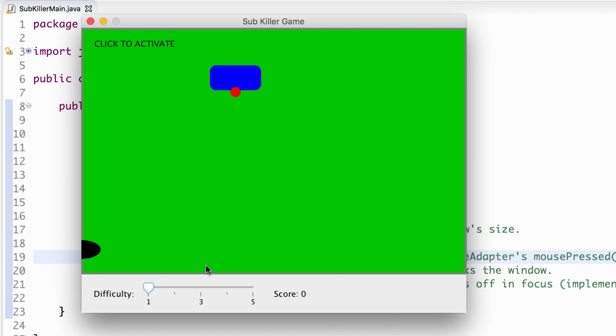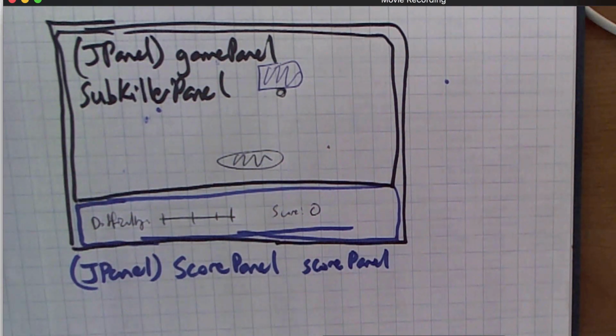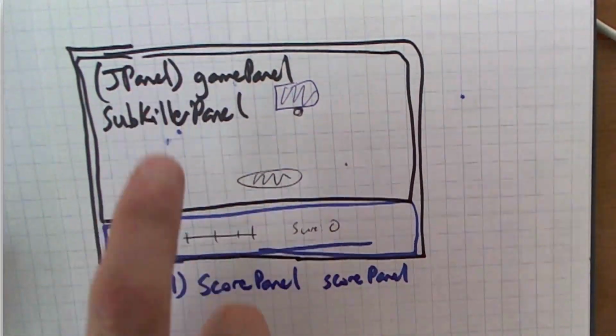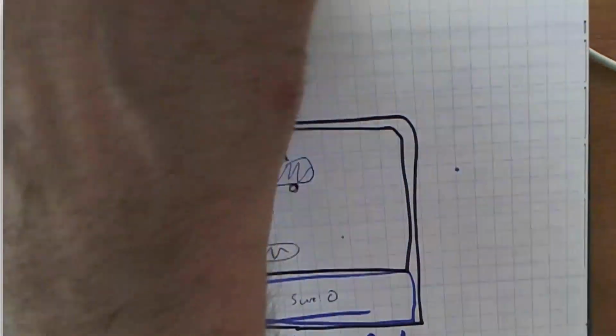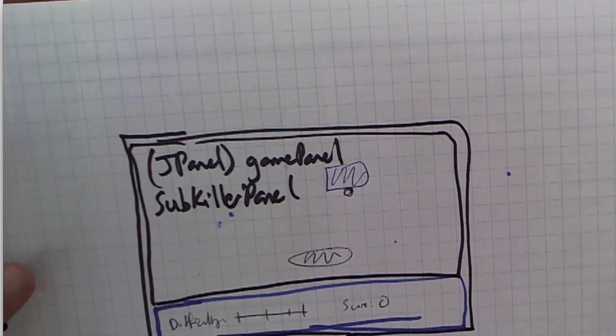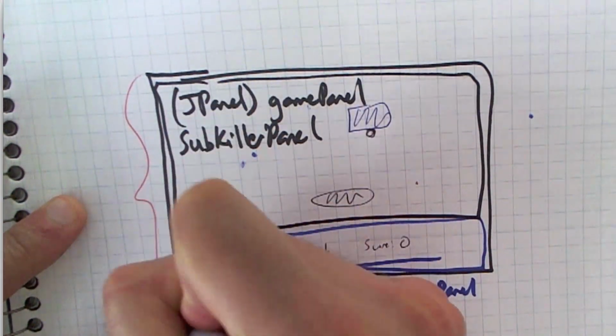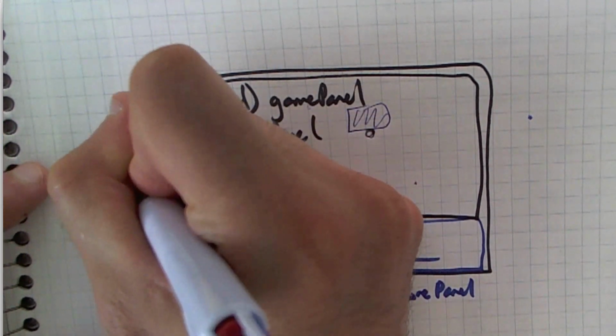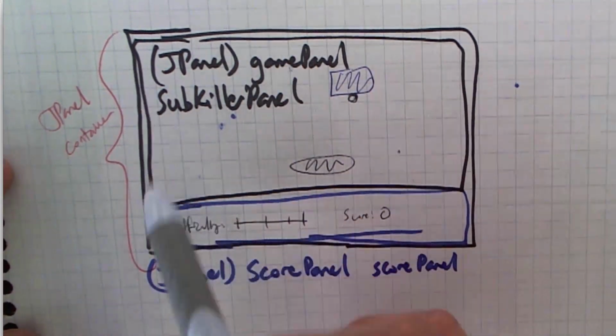So it's going to contain two things, game panel and score panel. This is how I like to think about it. The whole thing is going to be some kind of JPanel container. I don't know what the name is going to be. And then I'm going to add this and this.